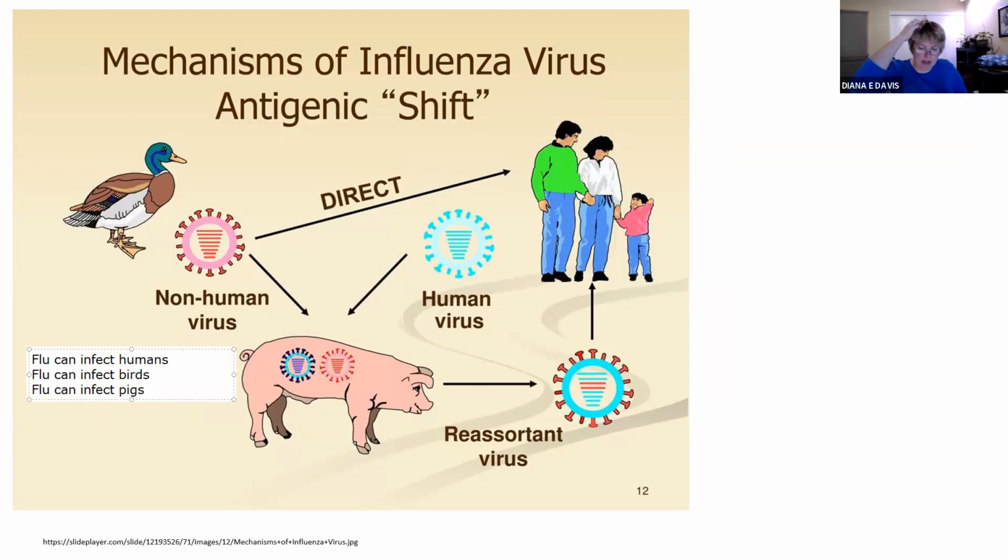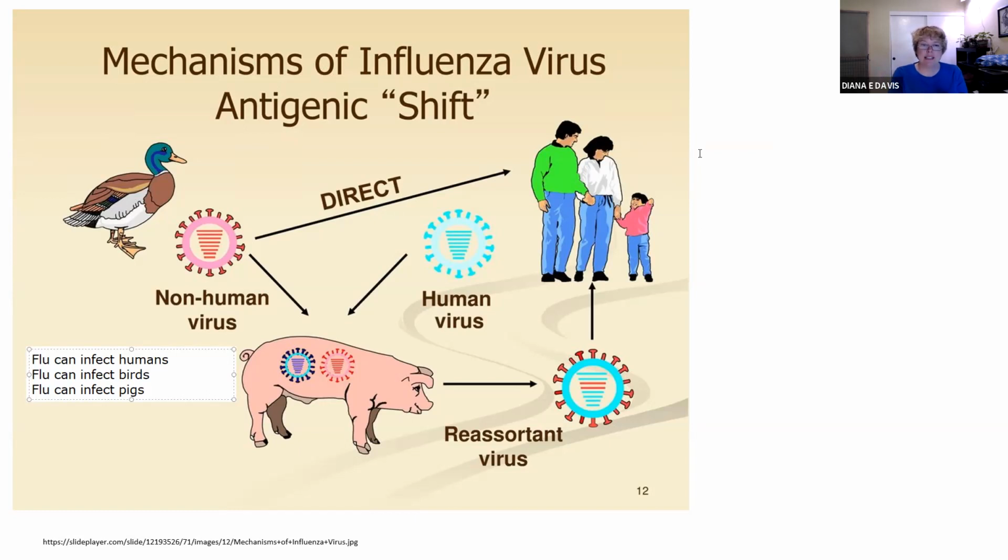Now, the viruses in... Nate, yes, go ahead. So that means that the virus is zoonotic, right? Yes. Now, the version of the flu that infects humans primarily infects humans and sometimes only infects humans. Sometimes it can move into pigs and birds.